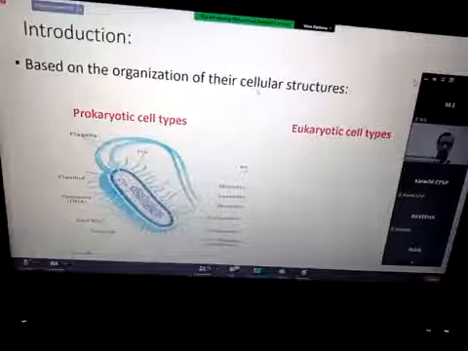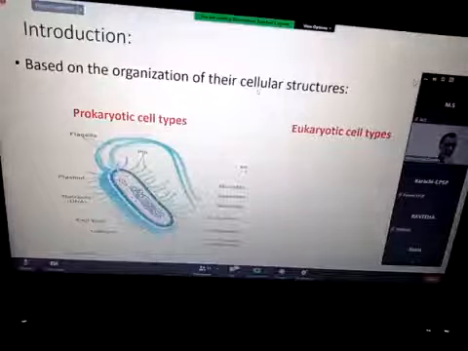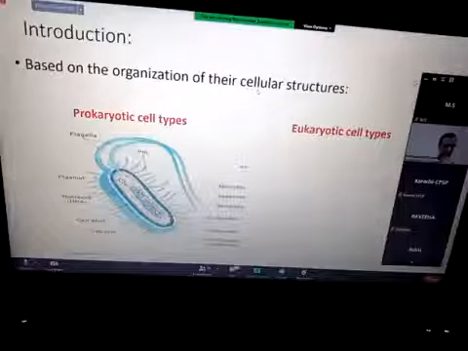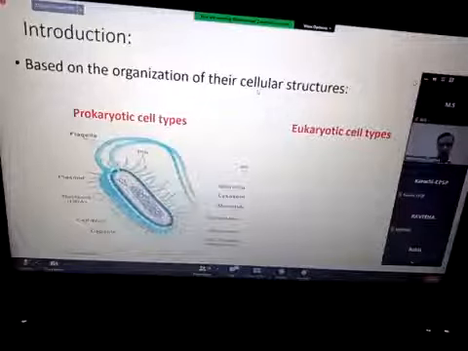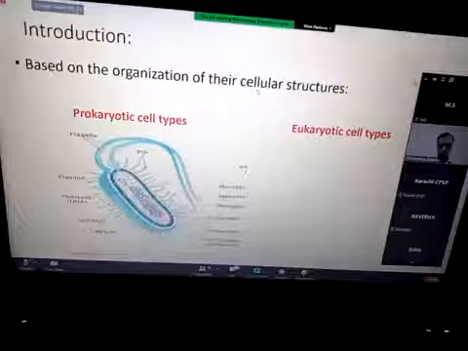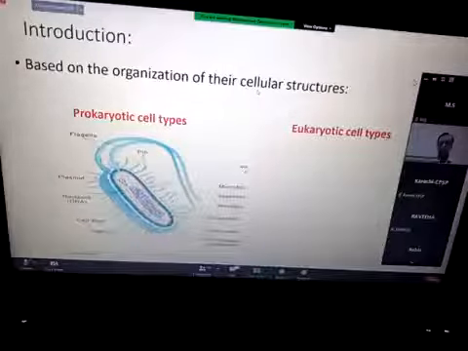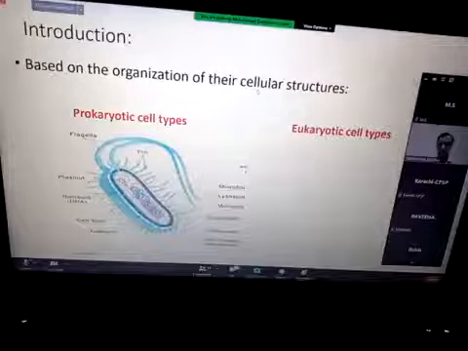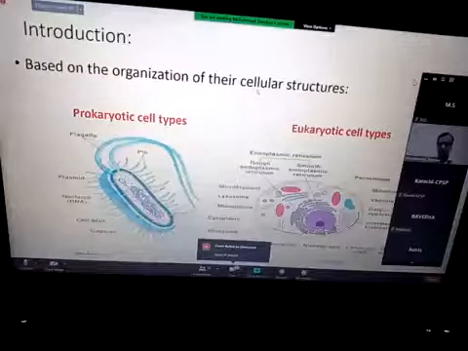For locomotion, these cells have special structures like flagella and pili, which help them get attached to surfaces and help in their locomotion and movement, which is an important virulence factor for these cells. We will discuss these structures in detail in the next slides.